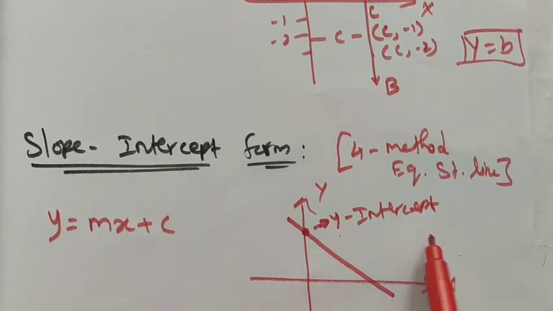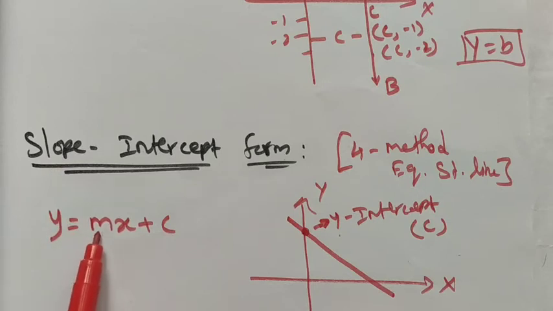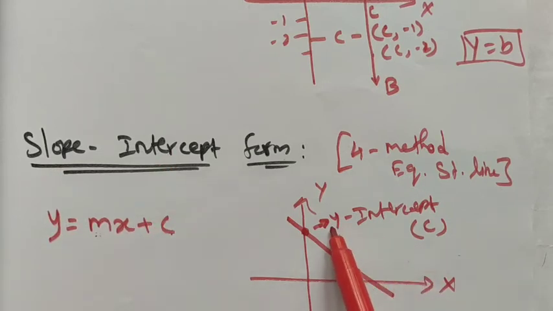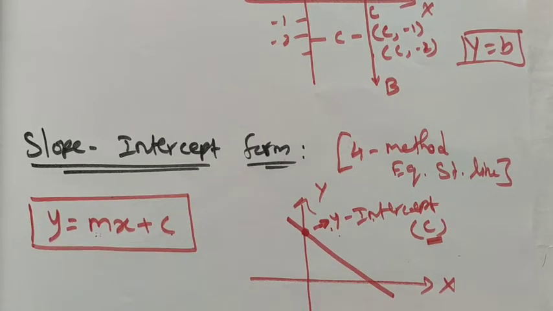See, the y intercept is c. When we are finding the equation, definitely we have x and y coordinate axes, right? So we have x and y, the slope m, and the intercept c, that is the y intercept is c. So this is the formula for slope intercept form.